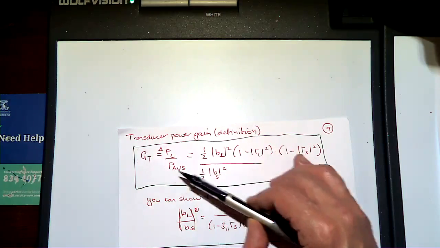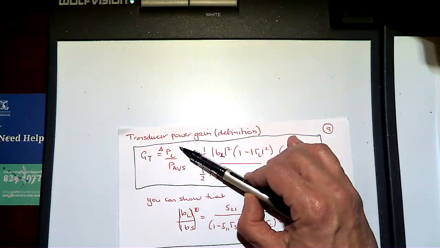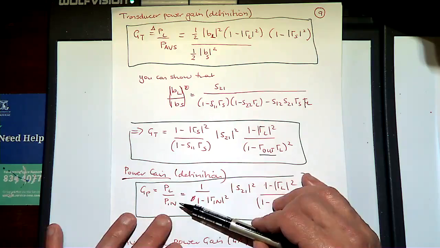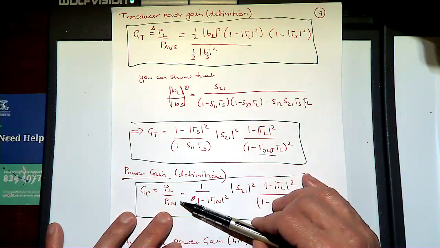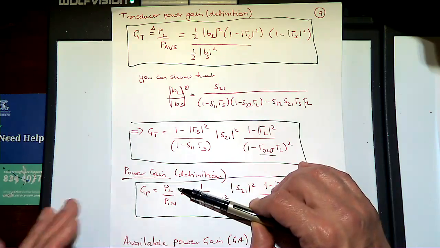Transducer gain actually tells me the best that I can do from getting the power from the source and delivering it to the load. Power gain is essentially the definition where, for a given input impedance, what's the best I can do in order to deliver the power to the load.